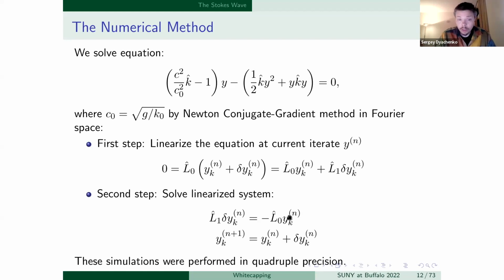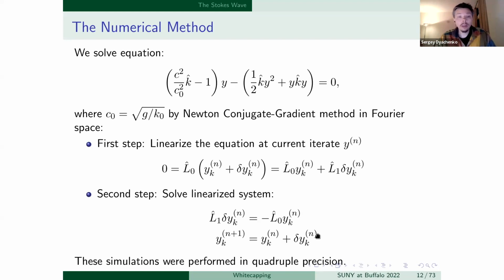So once you solve the system, you can update your current iterate with the solution that you found, and you're back to step one. If you already have a sufficiently good approximation of the solution, you can stop here. If not, you can continue this sequence of steps until you reach a required tolerance.